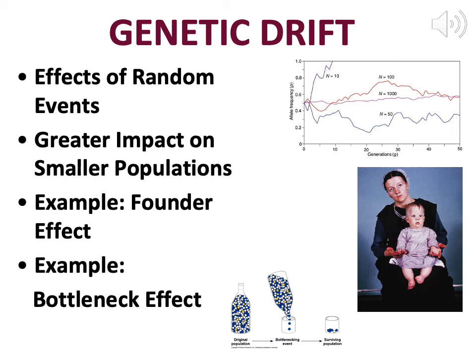Now let's think about this. It could be a mutation that results in that dwarfism and in that polydactyly demonstrated in that baby. The Amish are a very tight-knit group of folks.